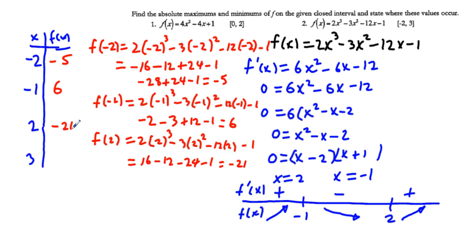-21, that's a candidate for absolute minimum. And let's see, f of 3, our endpoint, we're going to be going up again.